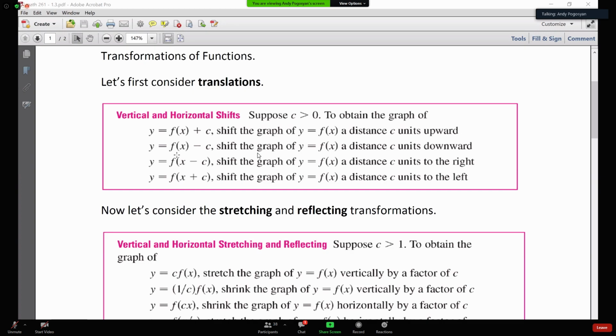If it's f of x minus c, then we're shifting y equals f of x a distance c units downward. If x is replaced by x minus c, shift the graph of f of x a distance c units to the right. If it's x plus c, shift the graph of y equals f of x a distance c units to the left.